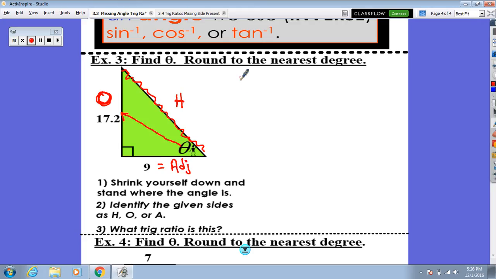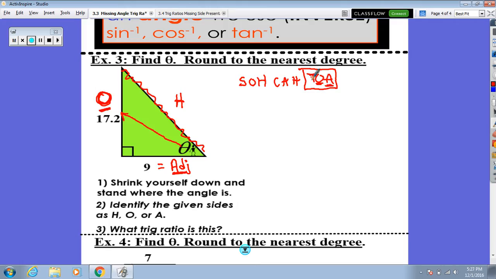Okay, so looking at SOHCAHTOA, which one of my trig ratios over here allows me to use opposite and adjacent? Very good. That would be my tangent function, because it has an O and an A in it.